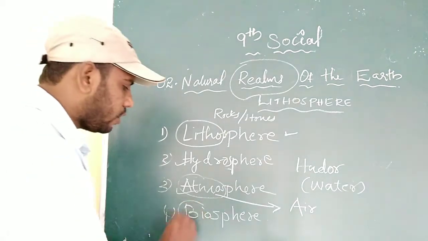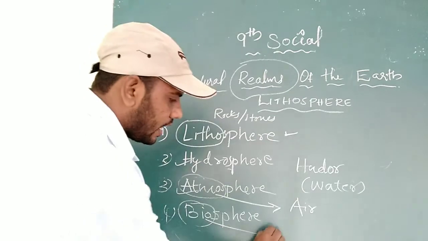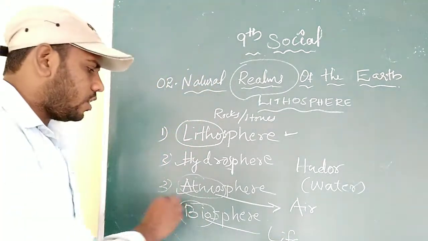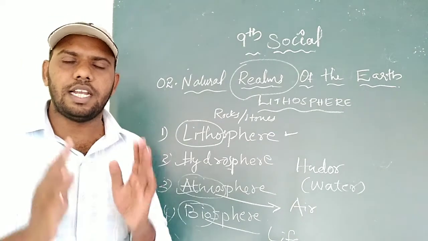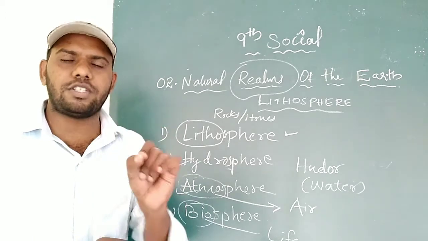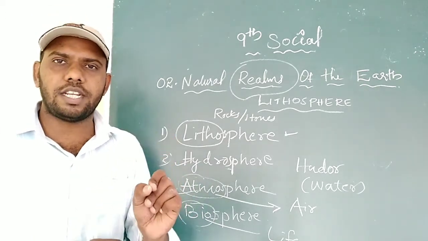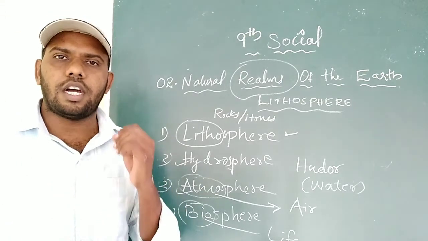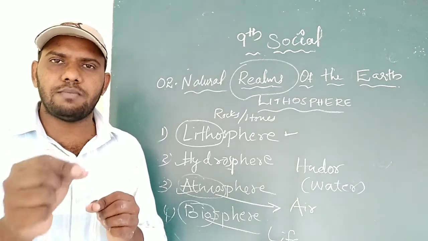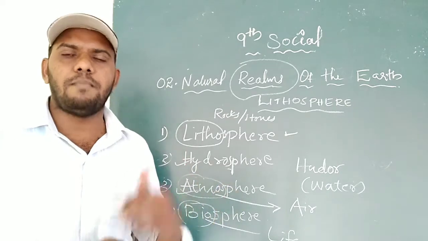The word bio is also derived from the Greek word bio, meaning life. Wherever there is availability of living creatures, from small bacteria and microorganisms, even the coronavirus, to large animals such as elephants and blue whales, all together will come into the biosphere.